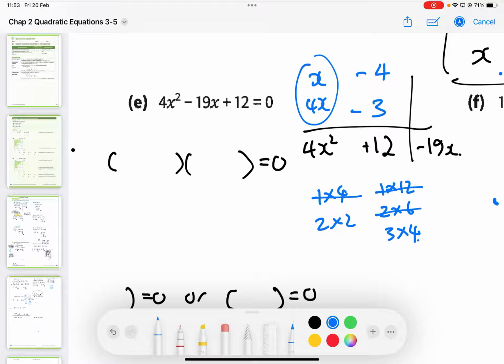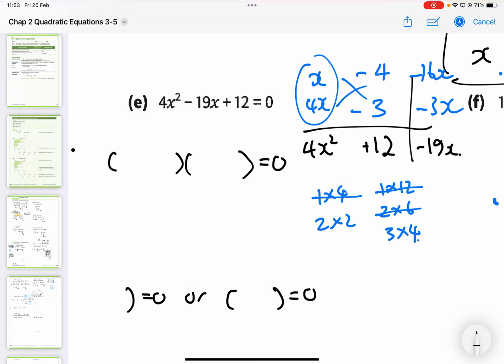Negative and negative numbers add up, then I can get negative. That's why I have to put negative 4, negative 3 over here. Then once I multiply, I will have 16 negative, multiply negative, add together just nice, negative 19x. Okay? So if we go and think a bit, then you can eliminate the not possible ones. So the answer is x minus 4 and 4x minus 3.